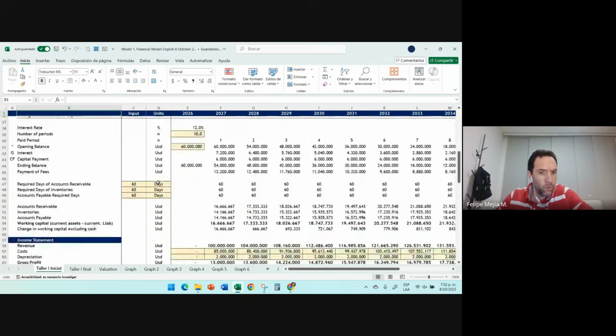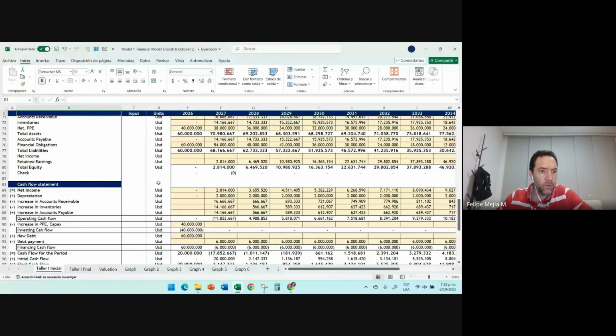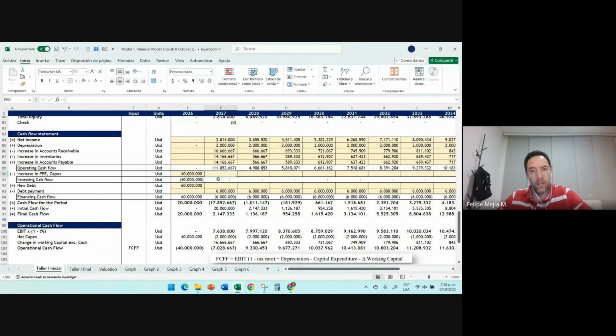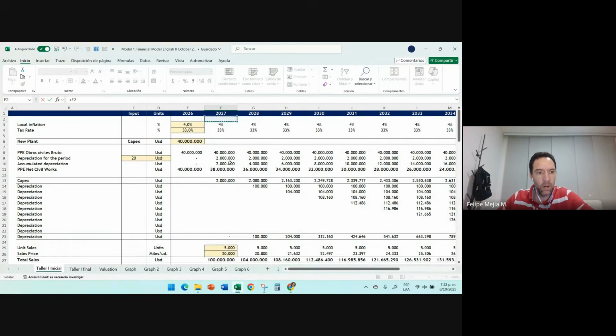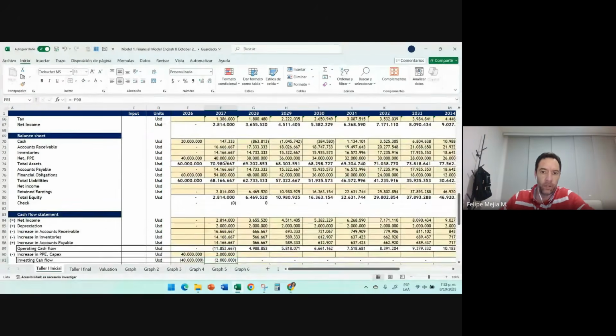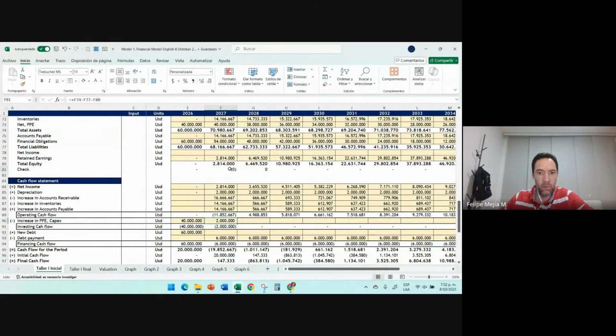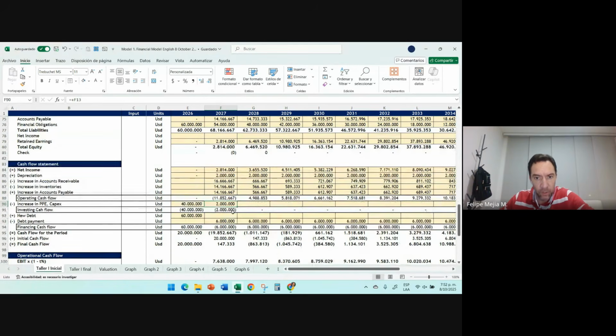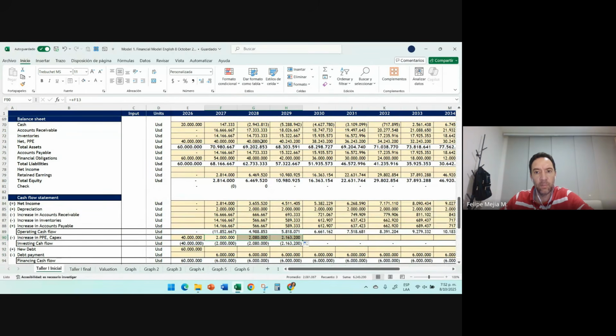So let's go to the cash flow statement and let's take the recurring capex. So our recurring capex will be $2 million, and we will have a future problem here. Probably no, because when I built the property, plant, and equipment, I added this cell.